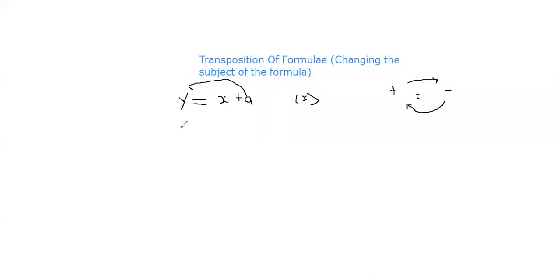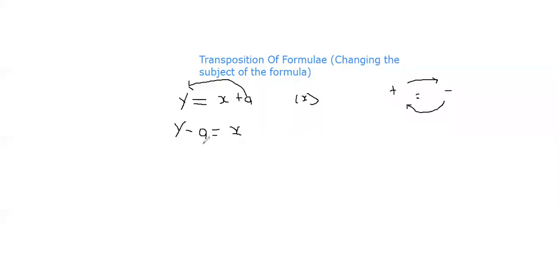Good. So this will become Y minus A. And now that we take A over the equal sign, what is left on this side? X alone.